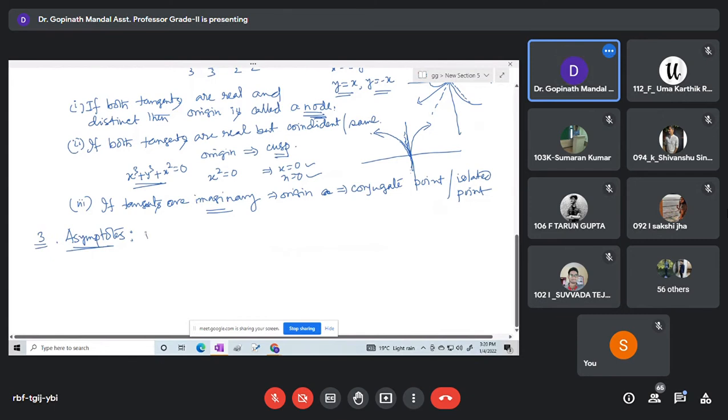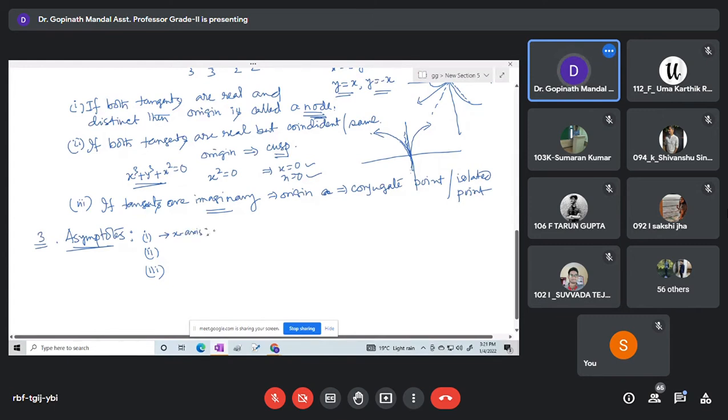So there are three types of asymptotes: first is parallel to x-axis, second is parallel to y-axis, and third is the oblique asymptote. How do we find the asymptote parallel to x-axis?